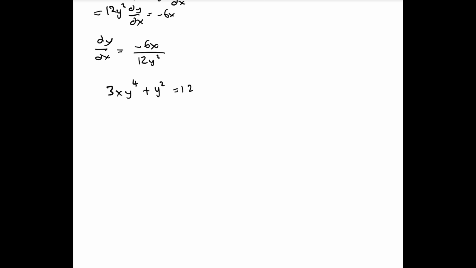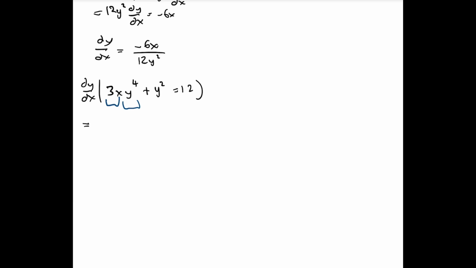This first term, 3x times y to the power of 4, is a product of two functions. The 3x is one function and y to the power of 4 is a different function, so we're going to have to use the product rule.